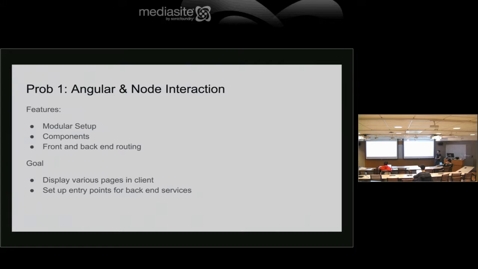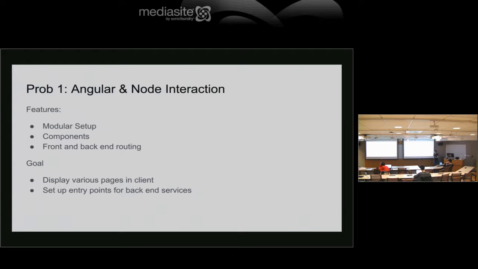What we're going to do in this part is talk about the modular setup for Angular and the components involved, and also how the routings work together between the front end and back end. The goal for this part is to have a user interface that displays various pages across our website in the client, and also to set up the entry points for the backend services.